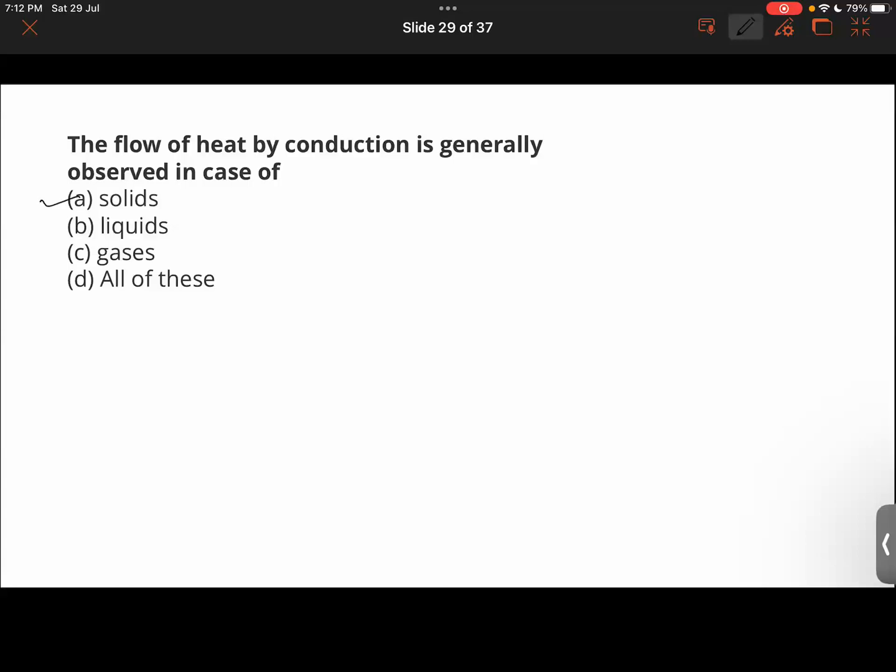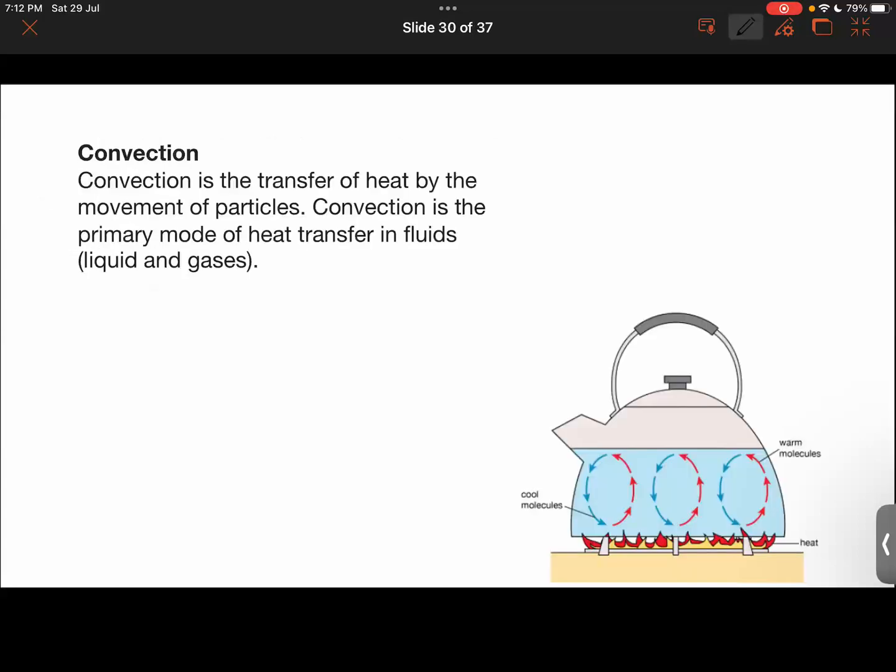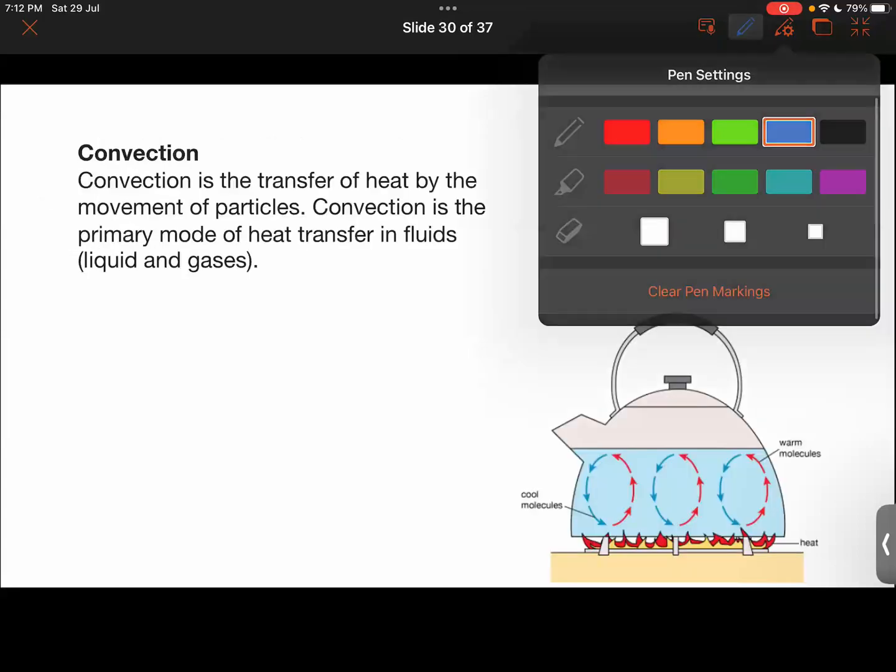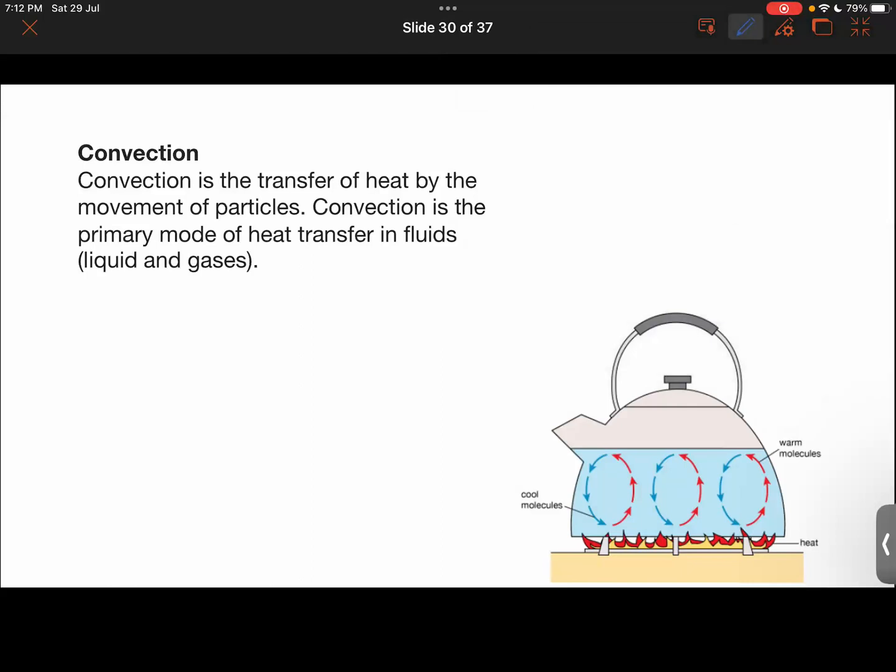Good. Okay, now let's look at another mode of transfer of heat, that is convection. So what is convection? It is also the transfer of heat from a hotter region to a colder region, but it is specifically observed in liquids and gases.